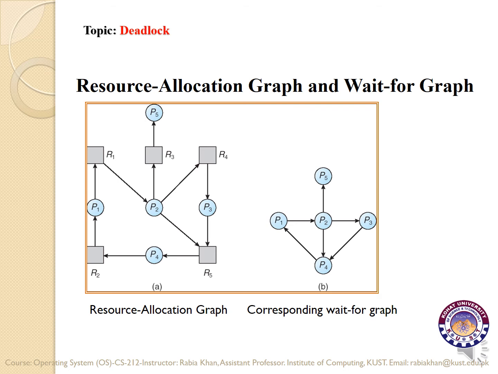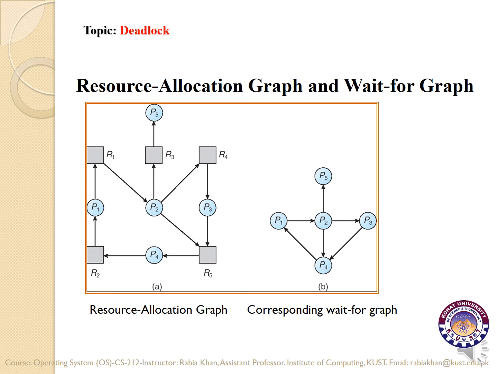So the graph has become shorter and it is easy to locate the circles in it. You can see there are 2 circles in the corresponding wait-for graph, one from process P1, P2, P3, P4 and back to P1.